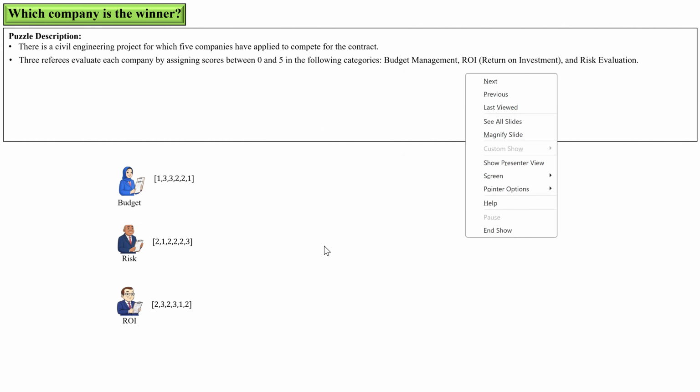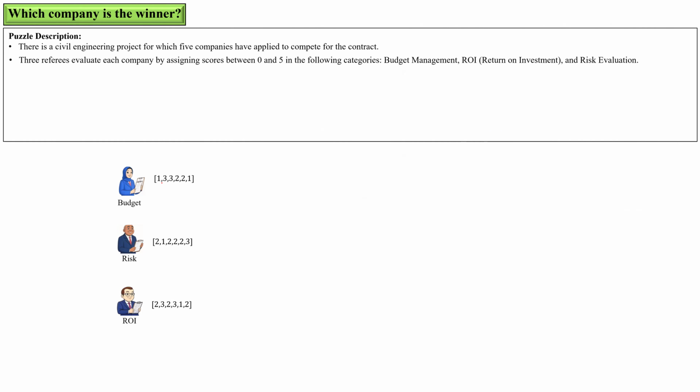So here we see that the first referee gave grade 1 for the application of the first company, right? The risk referee gave 2 for the application of the first company, and the ROI referee gave 2 for the application of the first company, right?